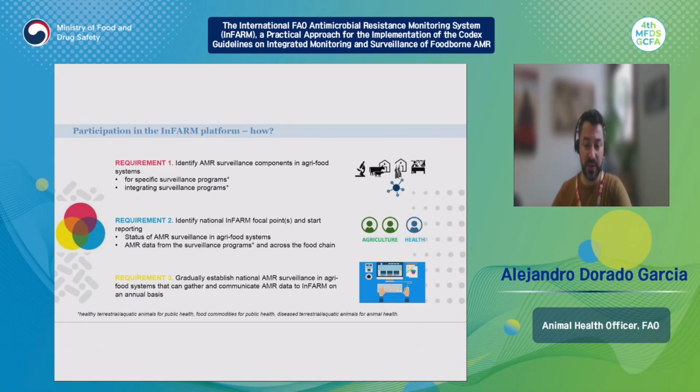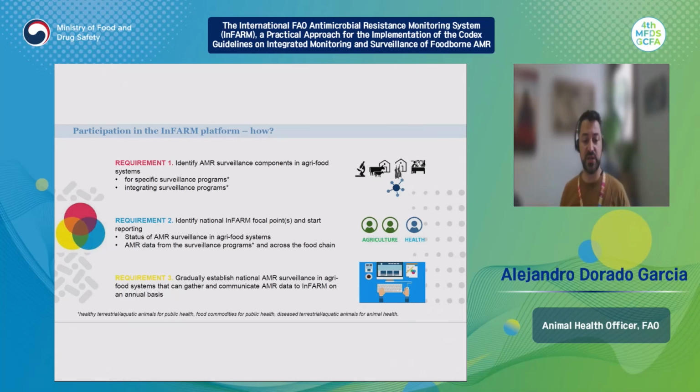When we talk about AMR surveillance components, we talk mainly about peripheral laboratories that are responsible for producing a volume of isolates for national surveillance. We are also talking about national reference laboratories responsible for supporting the peripheral laboratory network on antimicrobial susceptibility testing, standards, quality, etc.